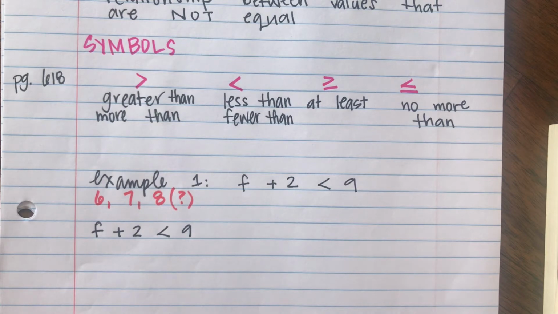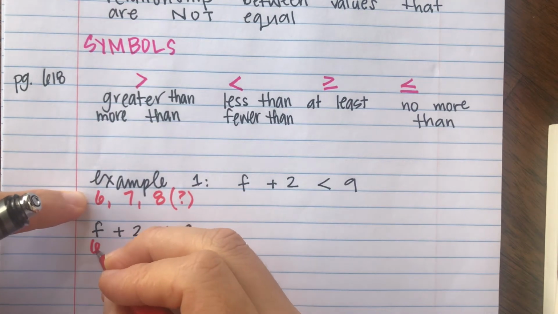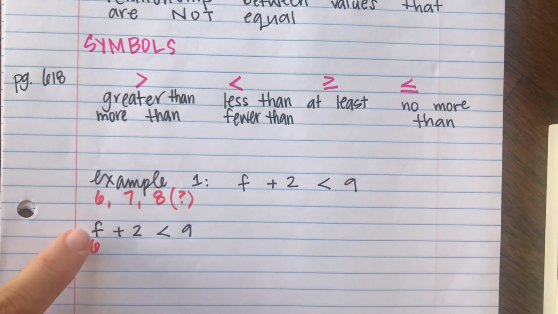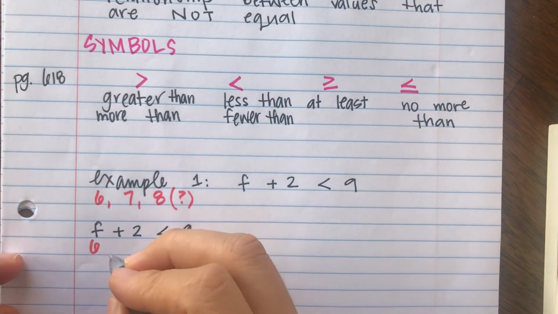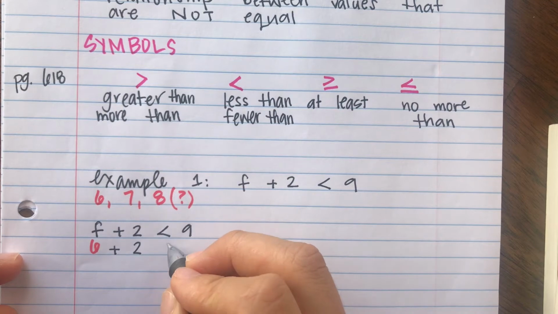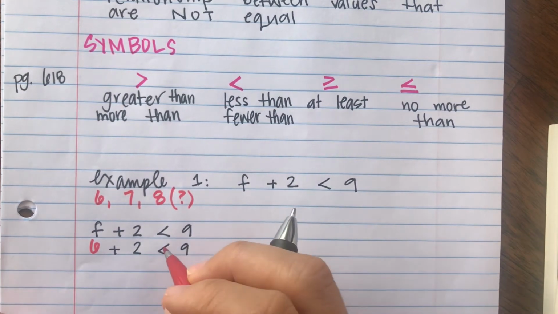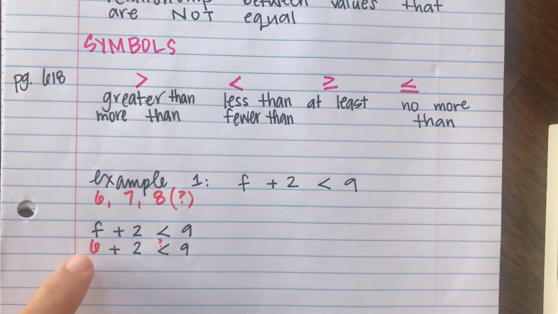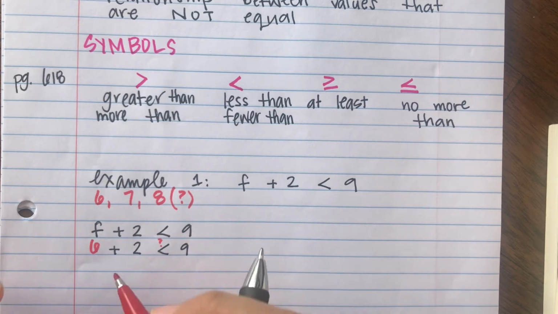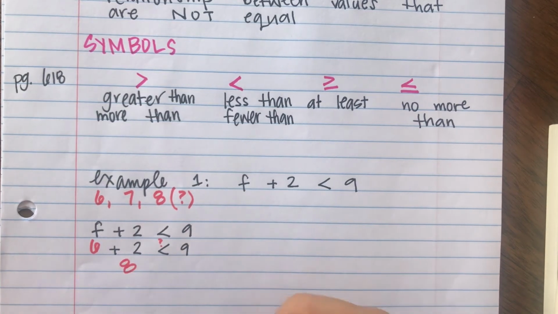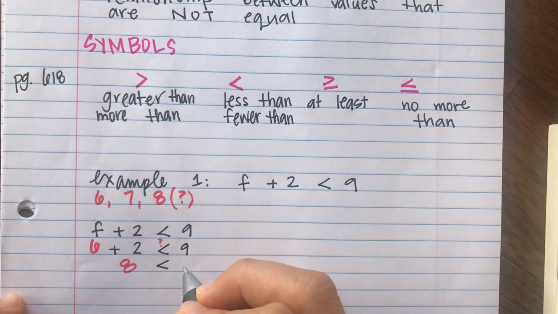So let's start with 6. I'm going to substitute, and instead of variable f, I'm going to write the value of 6, plus 2 less than 9, question mark, because I'm checking that. 6 plus 2 is 8. And is that less than 9?